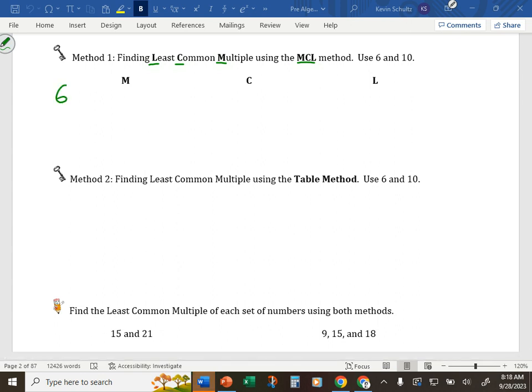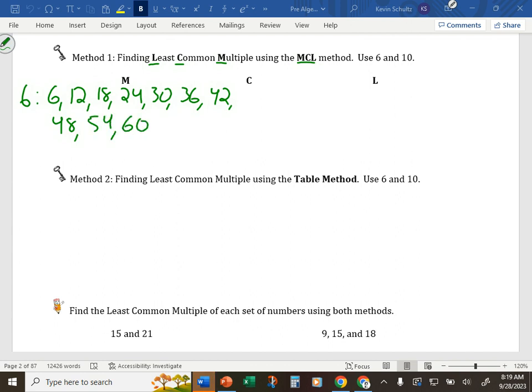What are the multiples of 6 and 10? Start listing multiples of 6, please. 2 is a factor, right? Multiples means skip counting by 6s. So 6, 12, 18, 24, 30, 36, 42, 48, 54, 60.